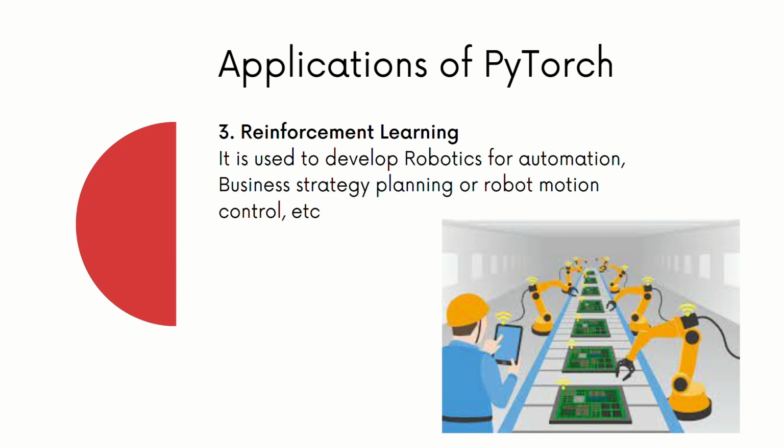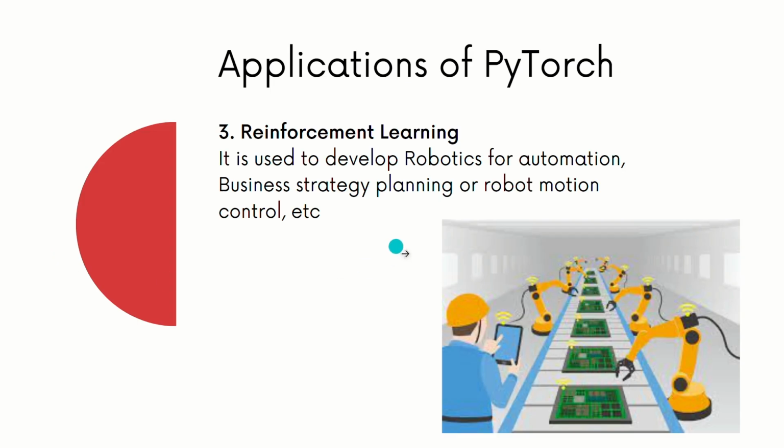If it moves away from the line, you have to provide negative reinforcement, and if it's continuing on the line it has to follow, you provide positive reinforcement. So that is an example. PyTorch is used to develop robotics for automation, business strategy planning, or robot motion control, etc. Robot motion control, like I just said in the example.